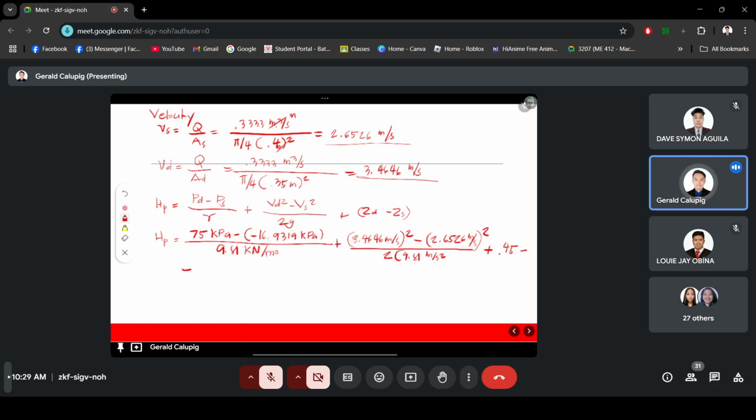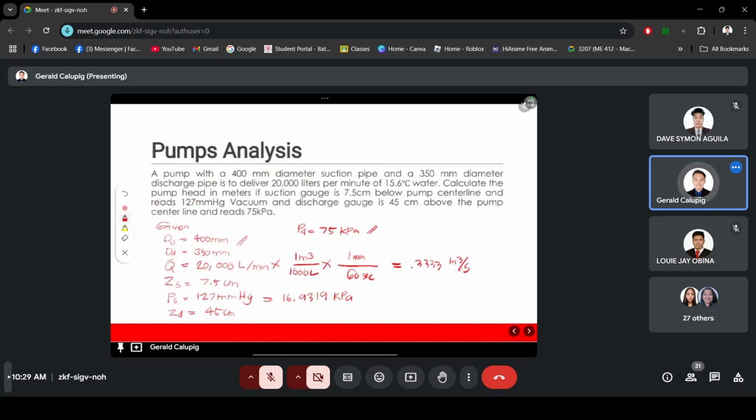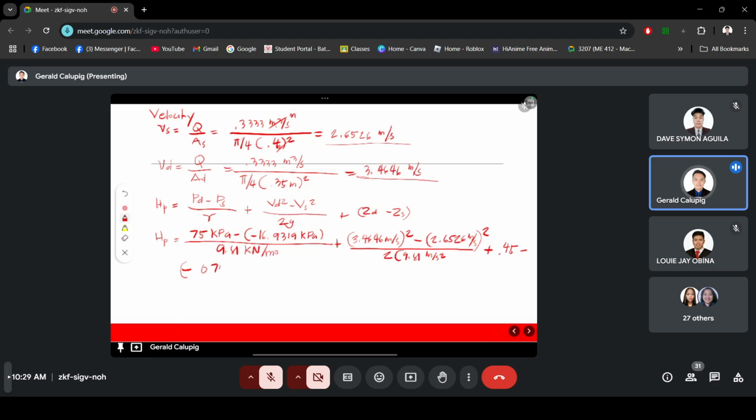minus, since that is below center line, we can have minus 0.75 meters.